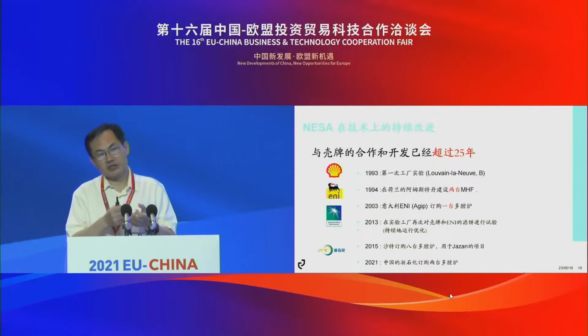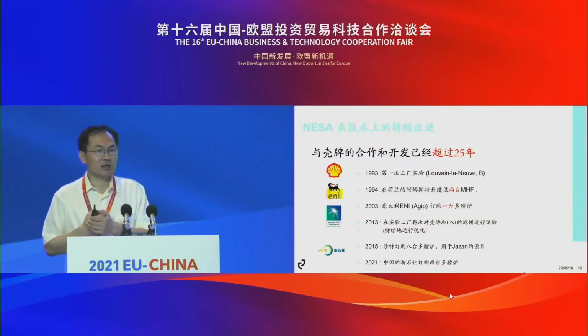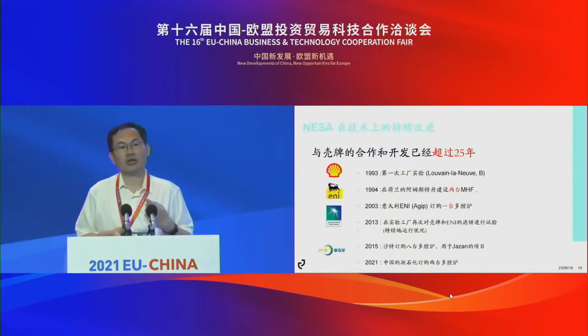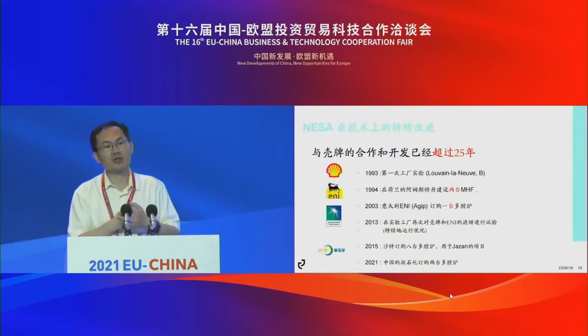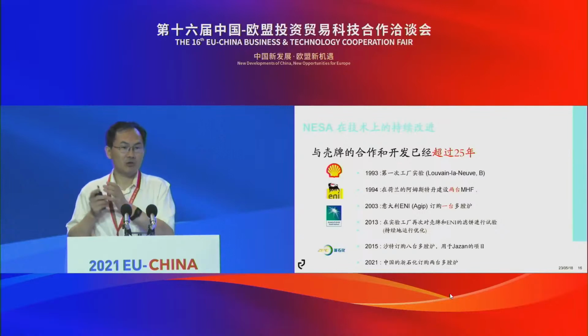And we have collected samples and we have refined our technology. By the year 2015, the Saudis ordered 8 furnaces from us. In the year 2021, we produced 2 furnaces for the petrochemical of Zhejiang.